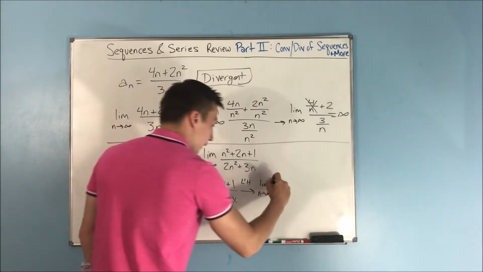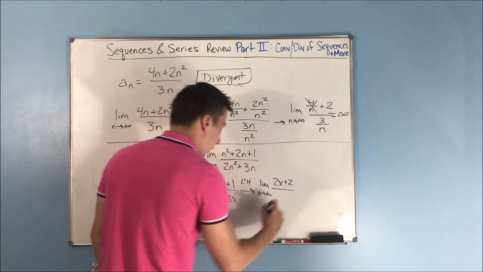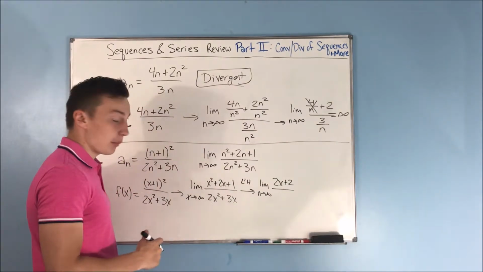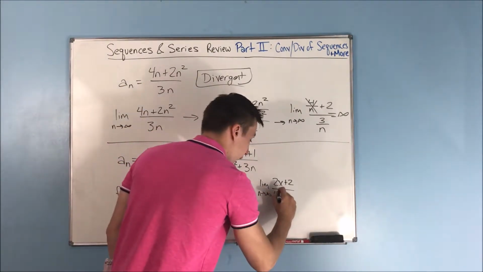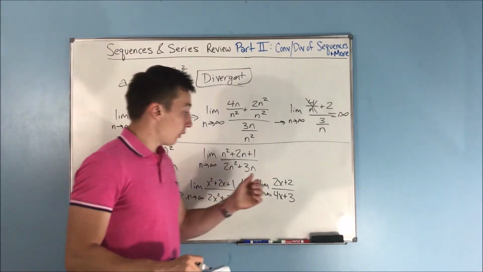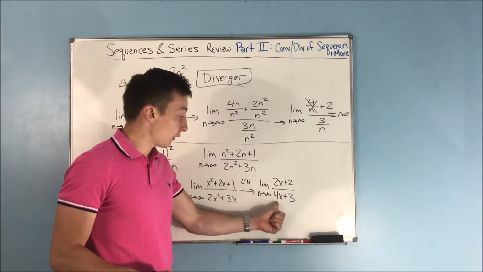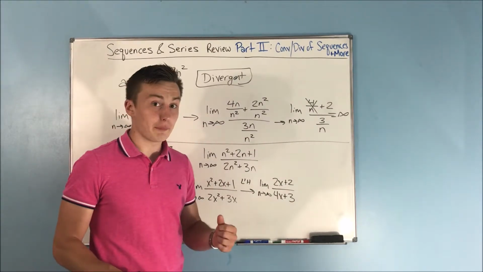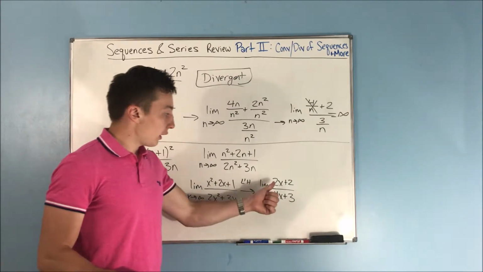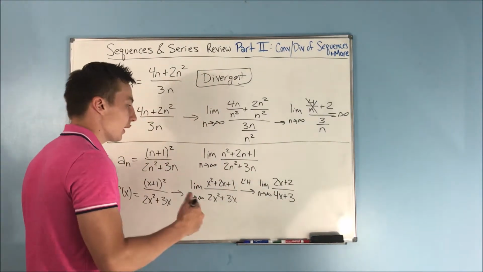We get a 2x plus 2 over a 4x plus 3. Again, if you look at this limit, you don't care about anything that's not the highest power of x here. We do care about the 2x and the 4x, but we don't care about the 2 and the 3. So again, we would get 2 over 4, which is 1/2. So we still have the same thing here.